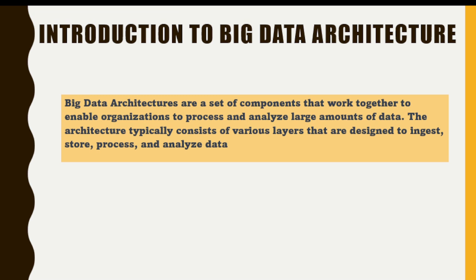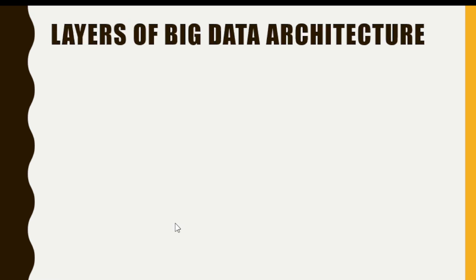A typical big data architecture is comprised of multiple layers that work together to process, store, and analyze large amounts of data. The layers of big data architecture can vary depending on the specific needs of a big data project.